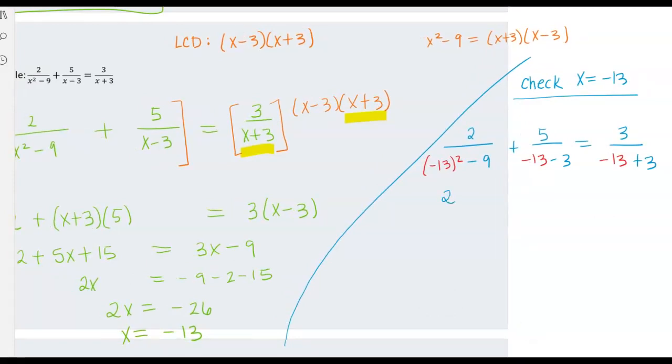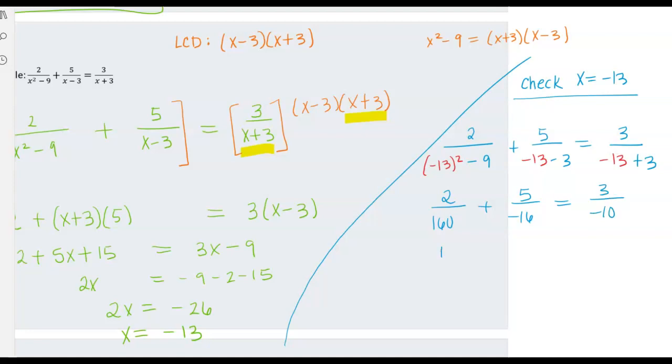So this is 2 over 169 minus 9 is going to be 160. 5 over negative 16. And that would be negative 10.